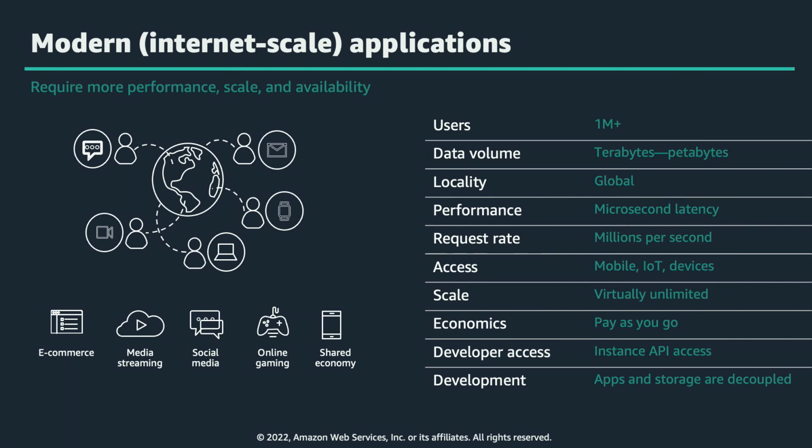Going back to the characteristics of modern internet scale applications and why they apply to purpose-built databases, the access is also varied. It's not like an enterprise application where you have 100 users within the company, the HR application, something in the back end. You can easily build a monolithic application for that and get away with it. But for modern internet scale applications, you have many mobile devices connecting. You can't open a connection for each of your 1 million users to the database, for example.